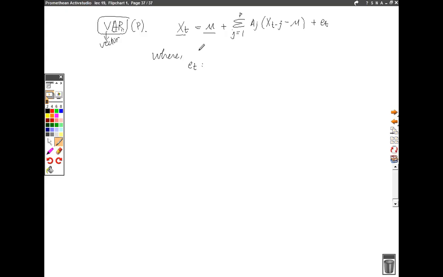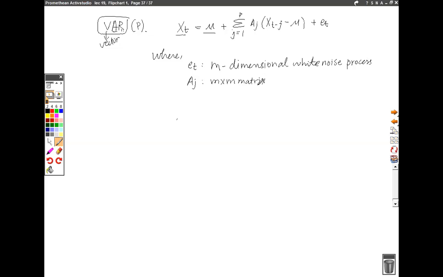Yeah. So where my epsilon t is something which is an m-dimensional white noise process. And what will be my Aj's here? My Aj here is some m by m matrix.